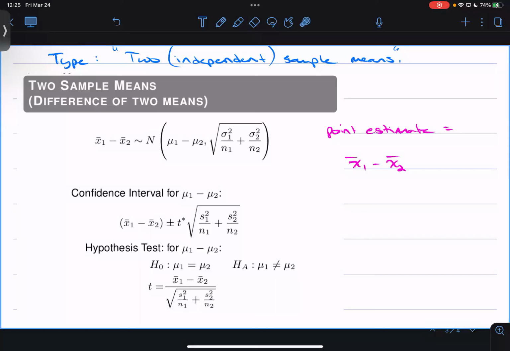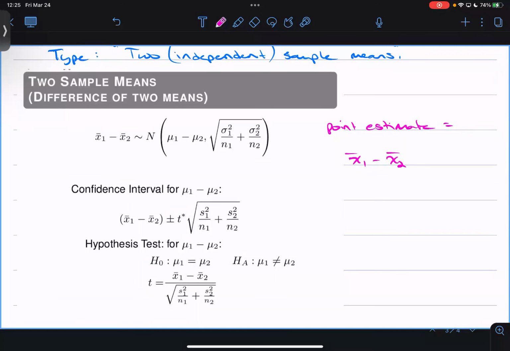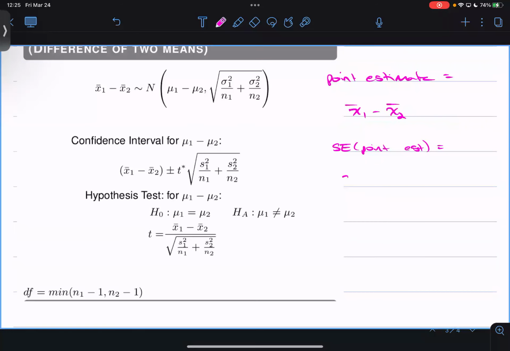So the point estimate is going to be x1 bar minus x2 bar. And the standard error of the point estimate is going to be the square root of s1 squared over n1 plus s2 squared over n2.